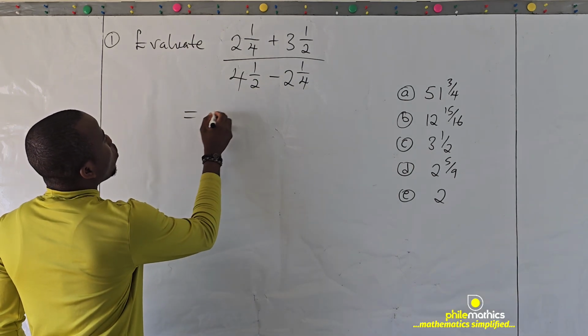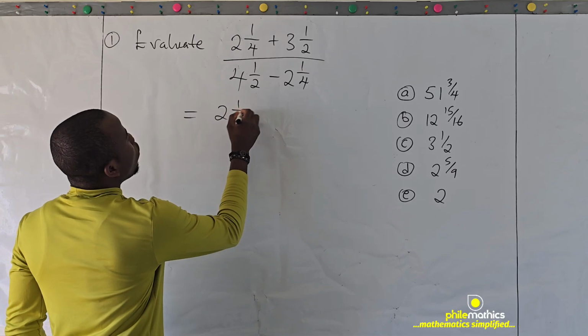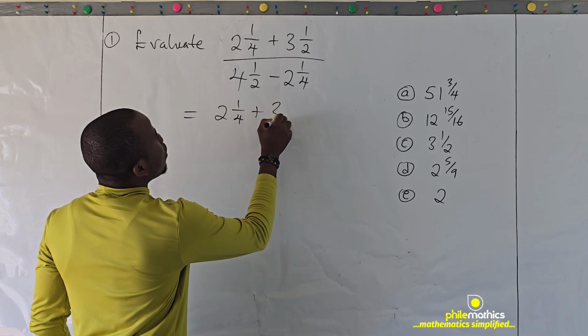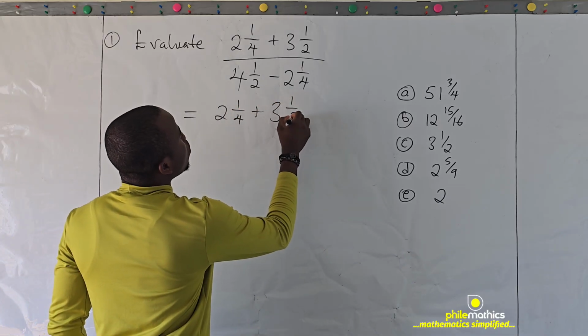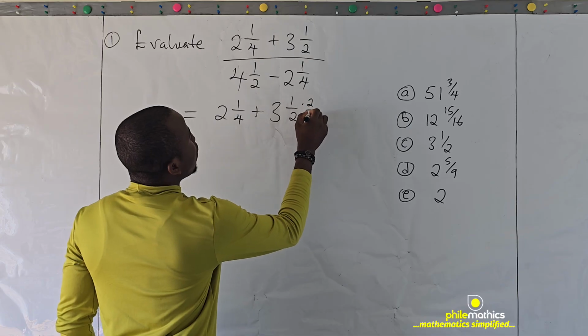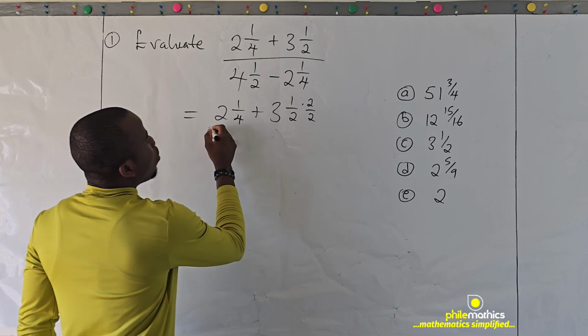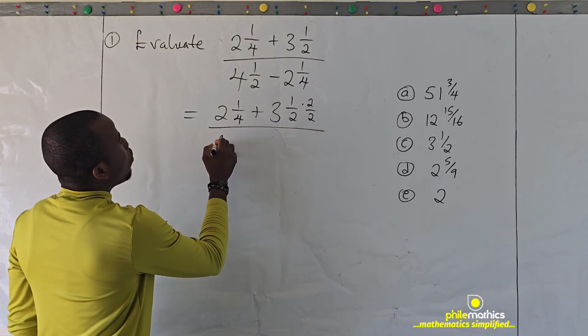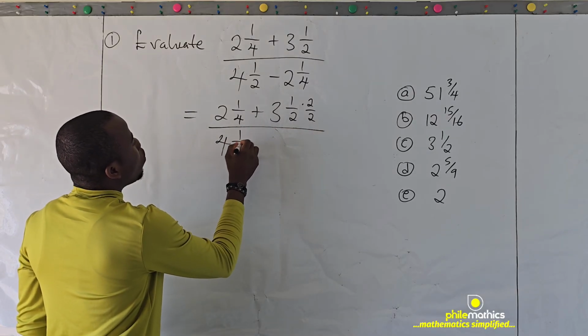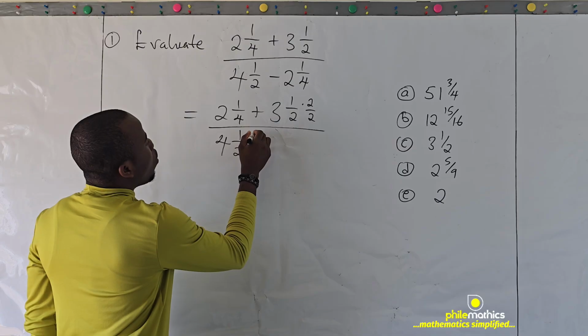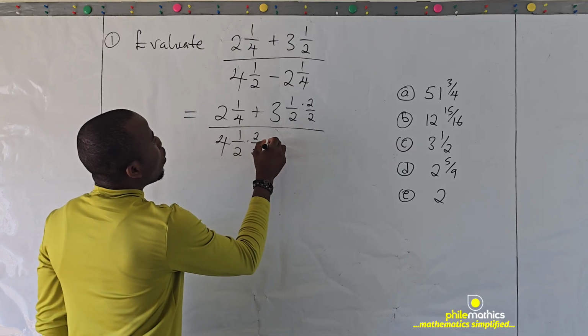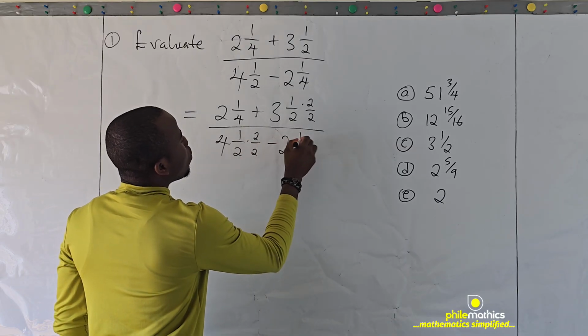So this is equivalent to 2 whole number 1 over 4 plus 3 whole number 1 over 2 times 2 over 2, over 4 whole number 1 over 2 times 2 over 2 minus 2 whole number 1 over 4.